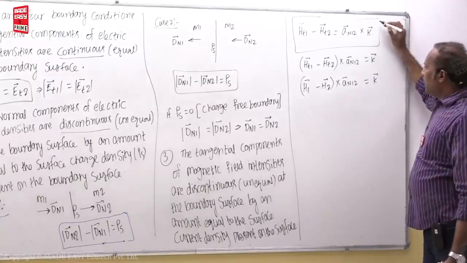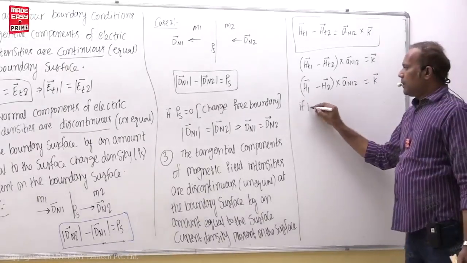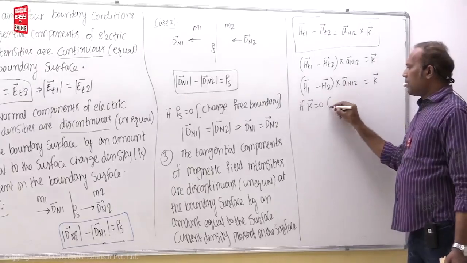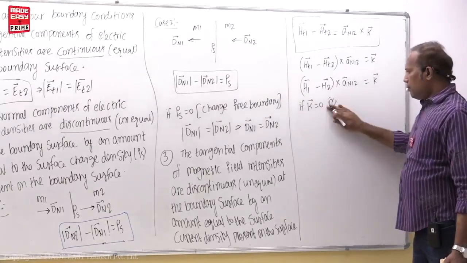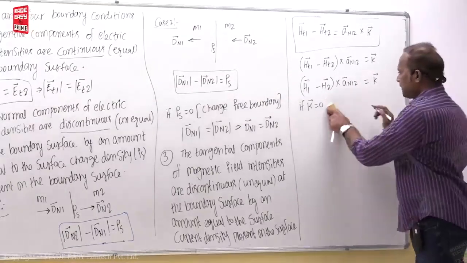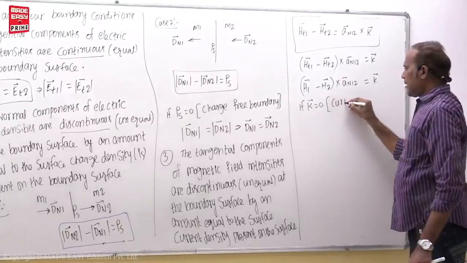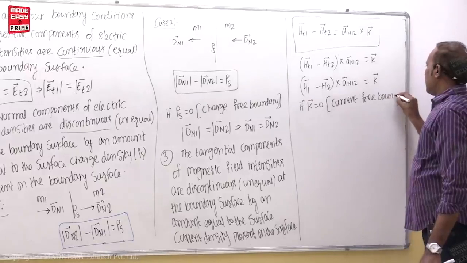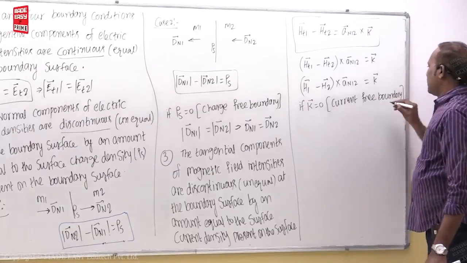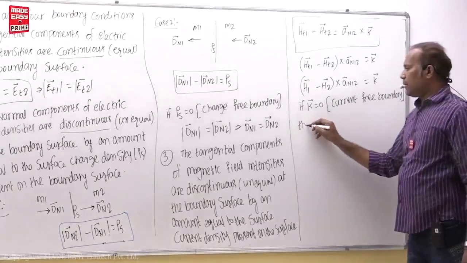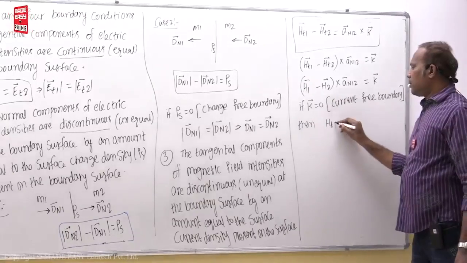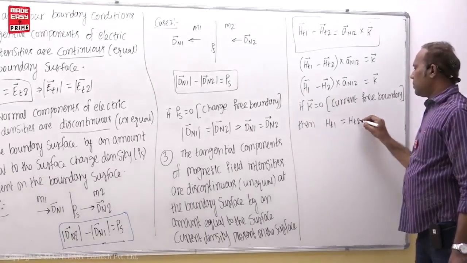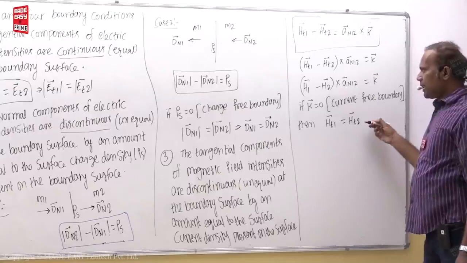If K bar is 0, then what happens? If K bar is 0, that is called a current free boundary. Then Ht1 bar is equal to Ht2 bar. They are again continuous actually.